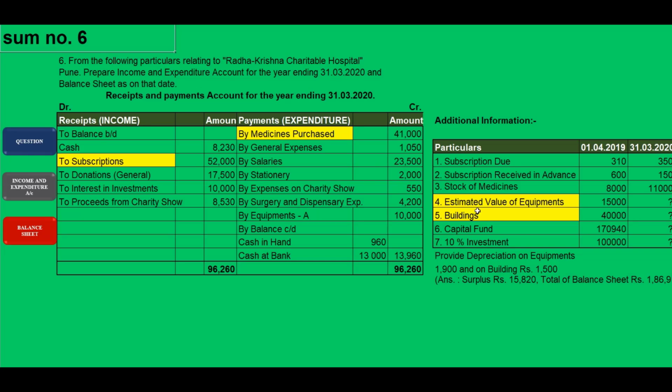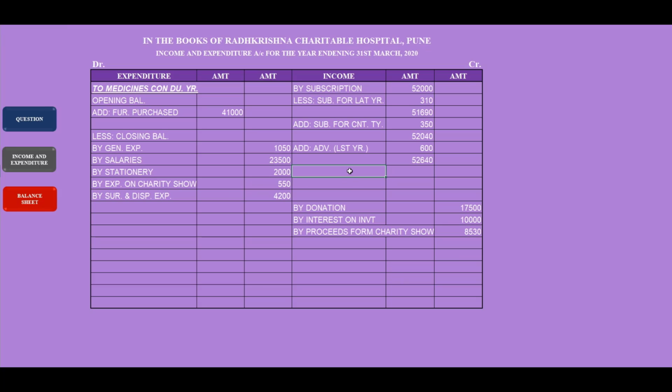And next, this much is received. This much is paid in advance. 150 current year में पे किया है advance में, so it will be deducted. Advance for next year.